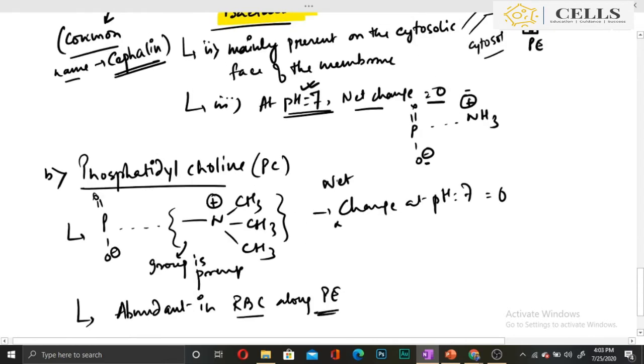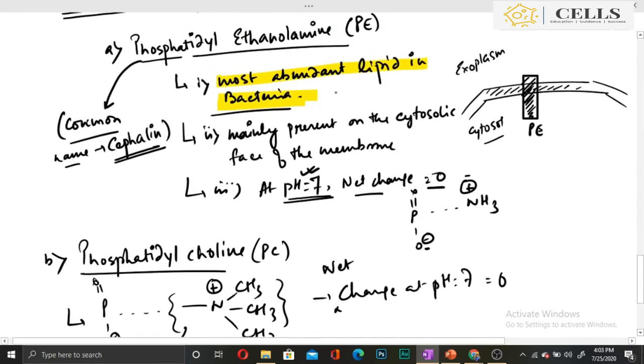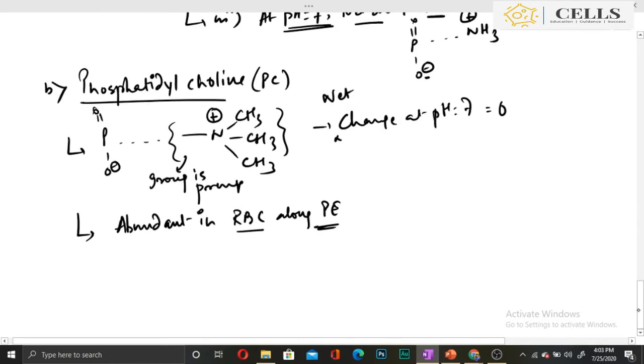So write here also, it is the most abundant lipid in bacteria and also in RBC. Same, just write over here that phosphatidyl choline is also abundant in RBC along with phosphatidyl ethanolamine.